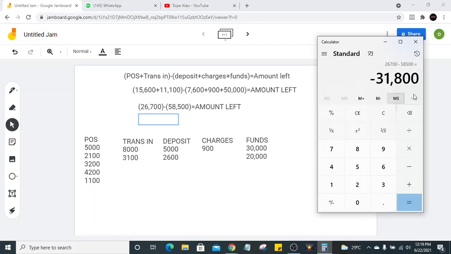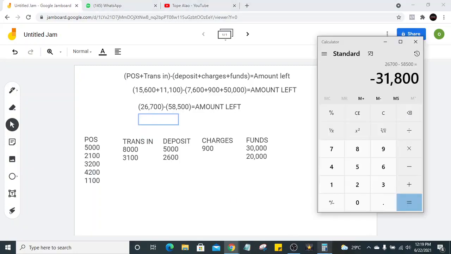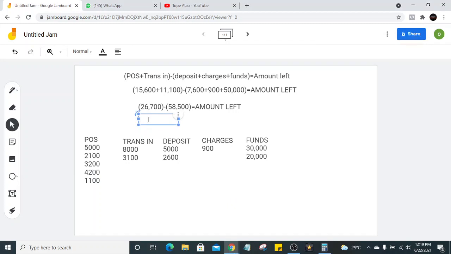So don't mind the negative. The reason behind the negative is that I assume you put an employee there. That means the employee is owing you, she's supposed to remit 31,800. That's why it is negative there.